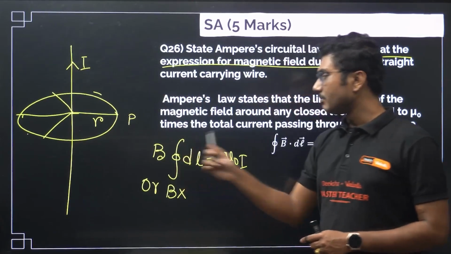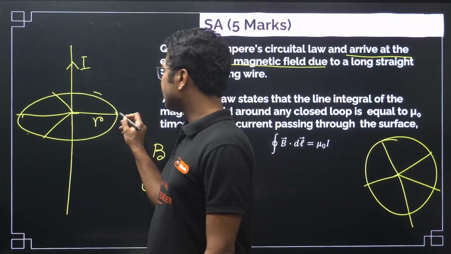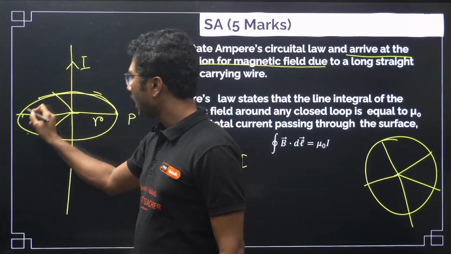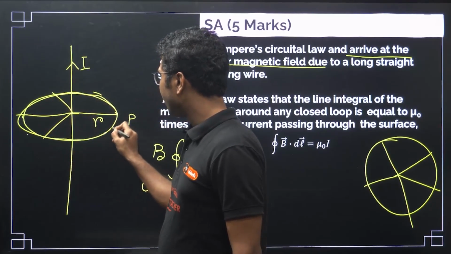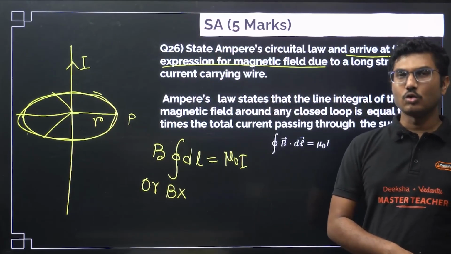This is the symbol for closed integral. What is the meaning of closed? Closed means if you start at a point and after traveling the entire path you end at the same point, then it is called a closed integral, closed path.